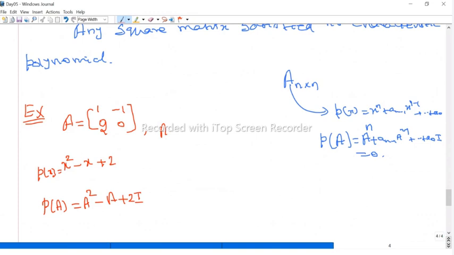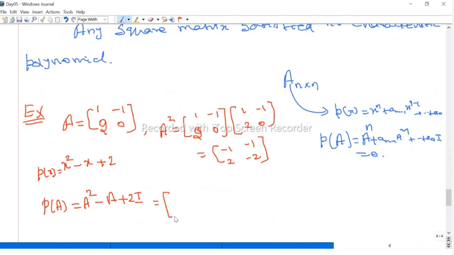Now what is A squared? We have to multiply A two times. So 1, minus 1, 2, 0, again multiplied by 1, minus 1, 2, 0. What we get is 1 into 1 plus minus 1 into 2, the sum is minus 1 here, and this is minus 1, and this is 2, and this is minus 2. So A squared is this one.